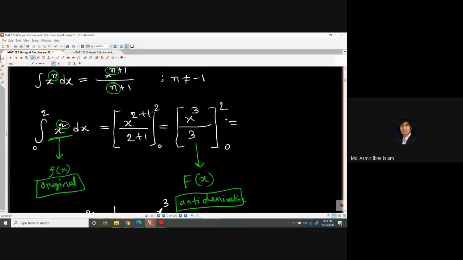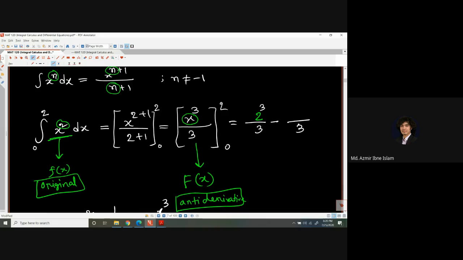I am doing the same thing here. This is our antiderivative. Remember, we input the upper limit where we have x.